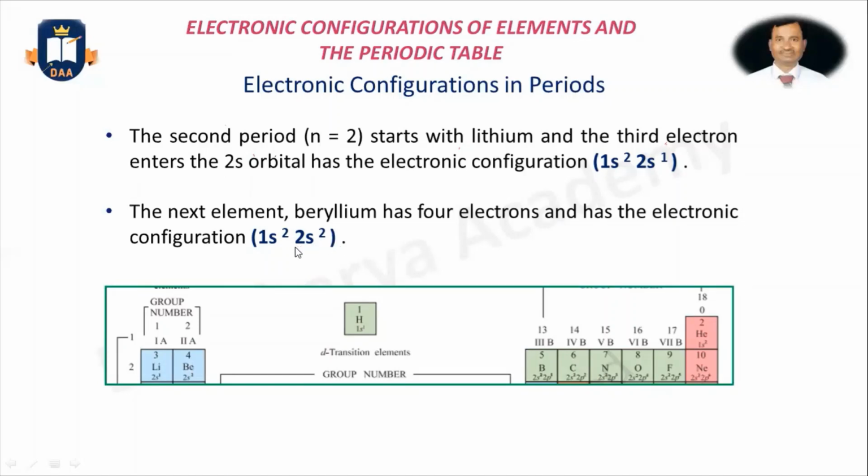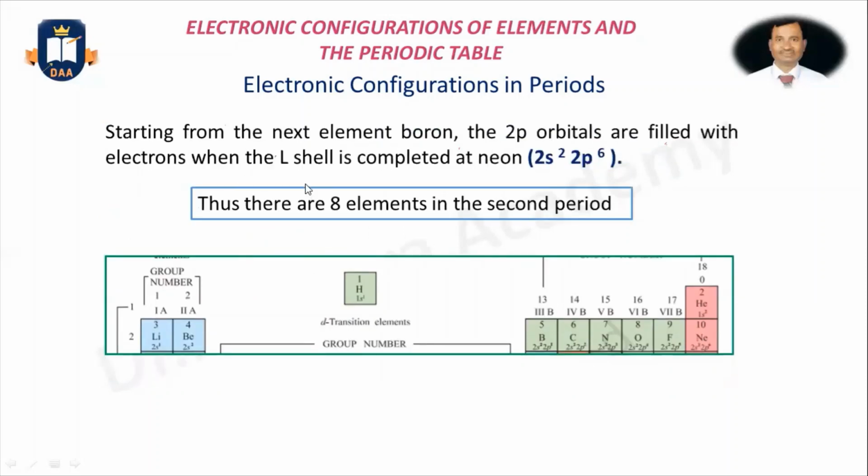And in addition to the 2s orbital, there are 3 p orbitals. That means 3 2p orbitals, which will fill up one by one with electrons, giving different elements.